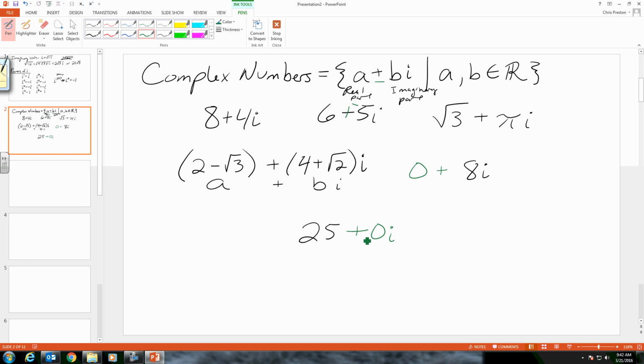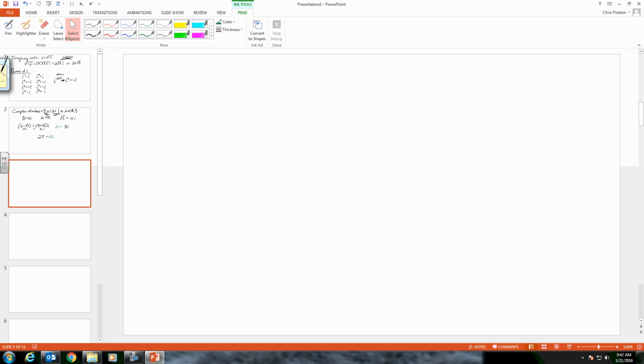Again, it just means the imaginary part is 0. So every real number is a complex number where the imaginary part is 0. So every number we have pretty much ever seen is a complex number, which is good because we know some things about working with certain types of complex numbers, and it's going to help us get insights into working with all complex numbers.